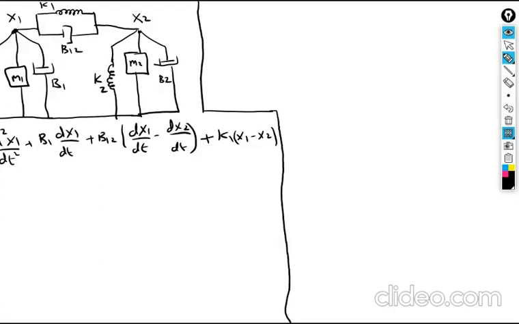Next, the second equation is at the x2 node. What you will get: left hand side 0 is equal to, as there is no applied energy. How many elements are connected? There are 5 elements connected here.